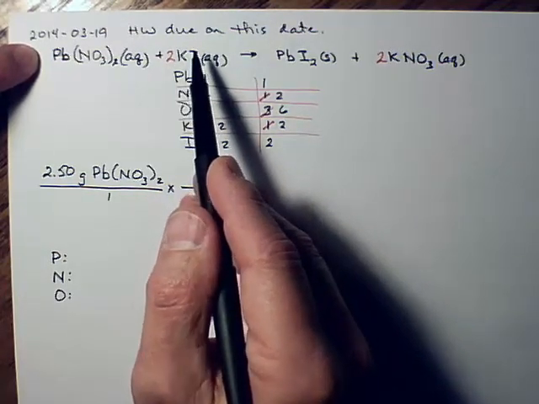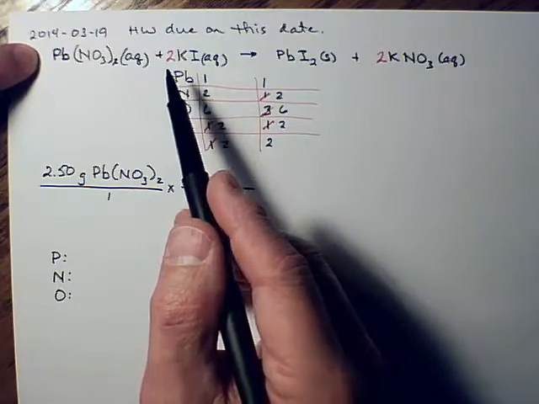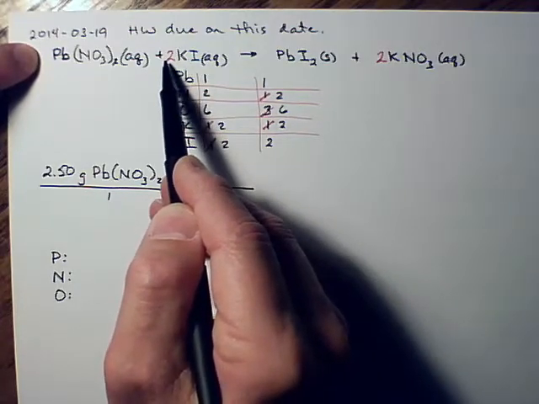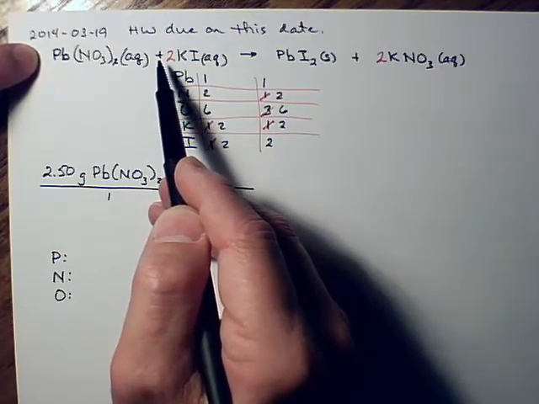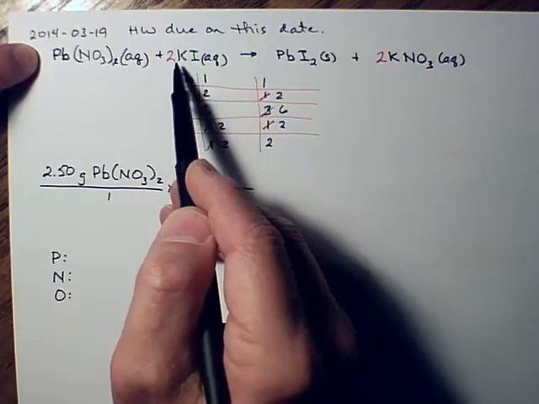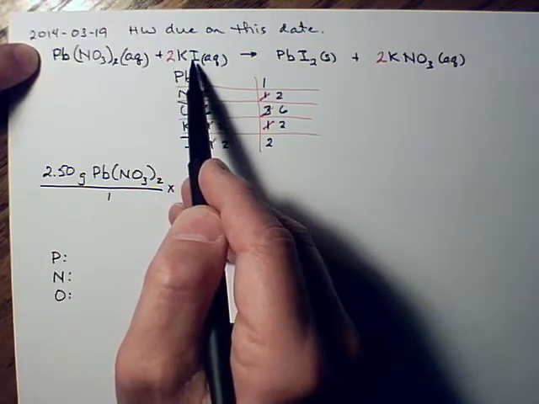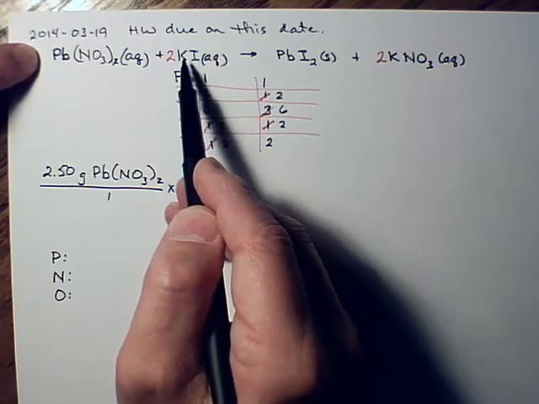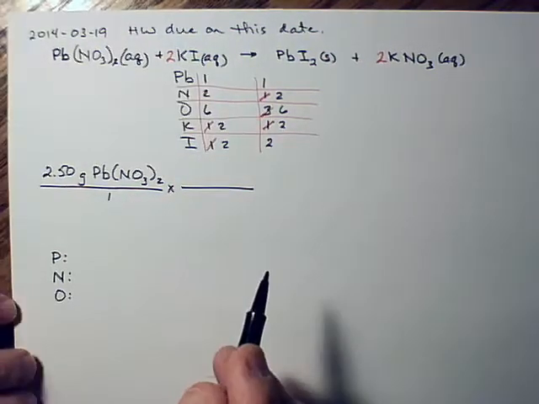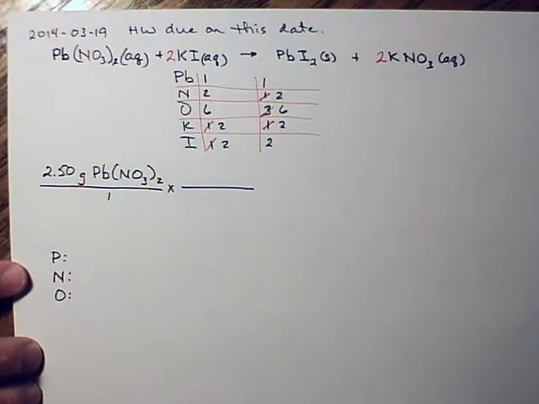Okay? So when you're figuring out molar mass, you're going to ignore the coefficients. That makes sense? So if I were finding the molar mass of potassium iodide, I would have 1 potassium and 1 iodide, not 2 of each. Alright? Just a word of warning, because it will come up probably later in this lesson.